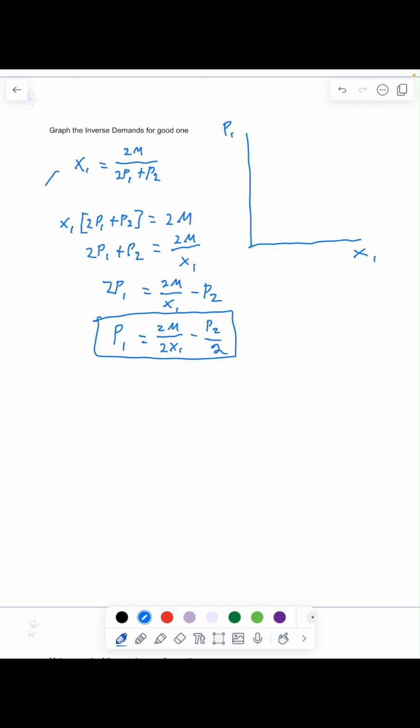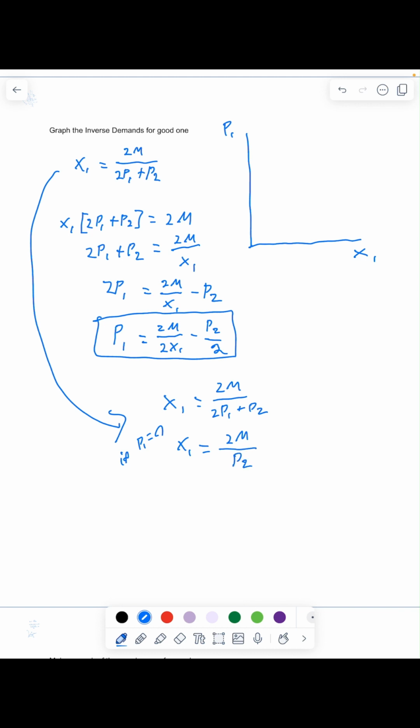We can copy this equation from down here, equals 2m, because this will tell us what our x1 is. If P1 is equal to 0, our x1 is just going to be equal to 2m over P2, giving us a point like this. And then it would curve up, and it should never touch the price axis.